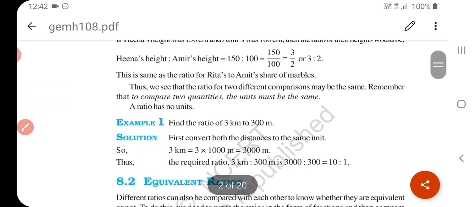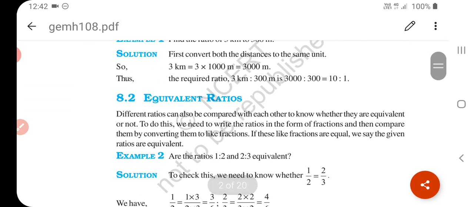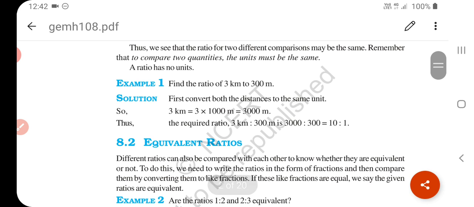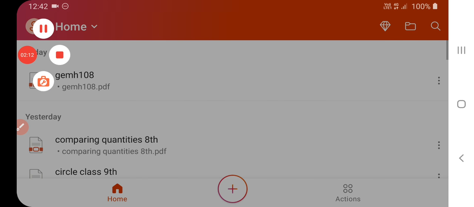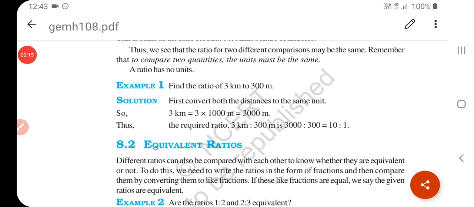So yesterday we talked about ratio and how to write the ratio of any numbers. Now we talk about what is an equivalent ratio. Before we learn equivalent ratio, first we should know what the simplest form of a ratio is.